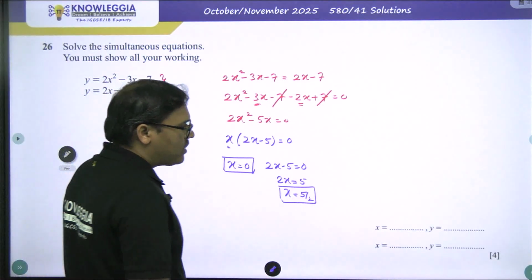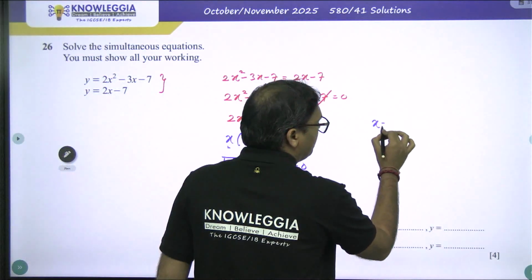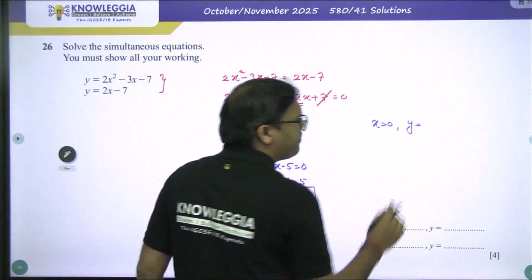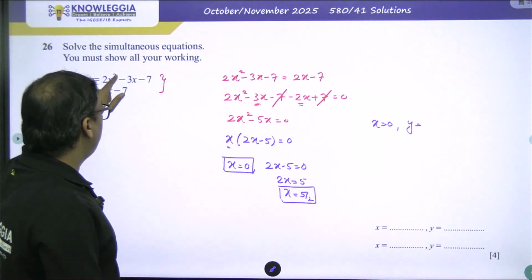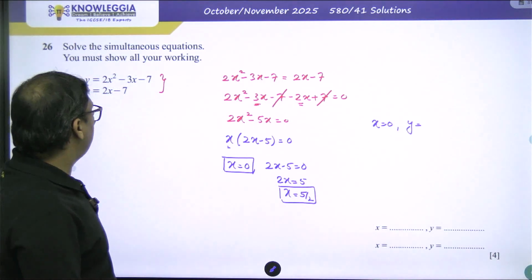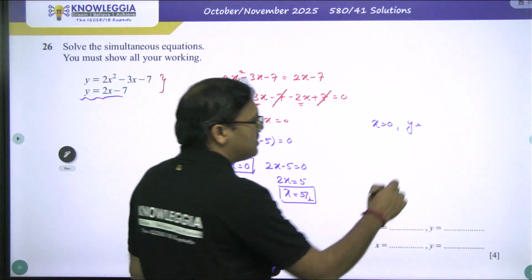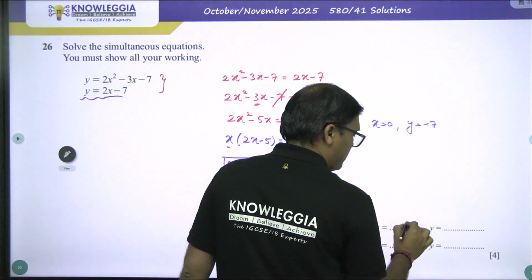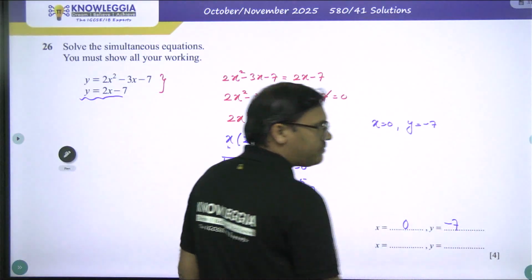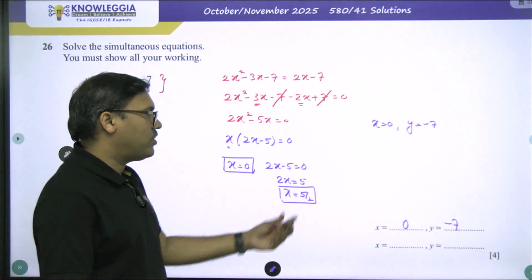So now correspondingly, what are the values of y? When x is equal to 0, what is the value of y? I can put x equal to 0 in any of the equations. This one is easier. If I put x is equal to 0 here, you can see this is minus 7. So y is minus 7. So this is one solution, 0, minus 7. Next one is x is equal to 5 by 2.